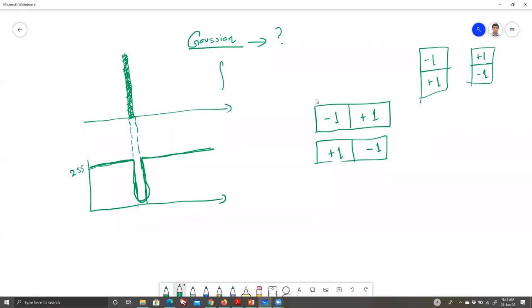The Gaussian is 1 by root 2 pi, e to the power minus (x minus mean) by standard deviation, 2 sigma, I guess.